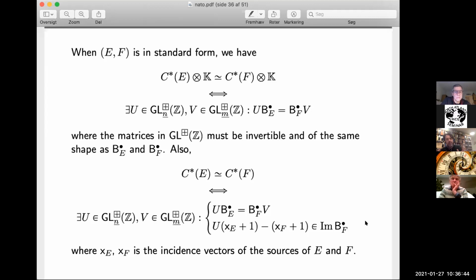And now the theorem says that the C-star algebras are stably isomorphic if and only if I can find the U and V. Now, the U and V, I can just say this is a matrix with integer entries. I call them U11, U12, and so on. Some of them have to be 0. And then now the way that I've written it up, you can see this is a linear problem.